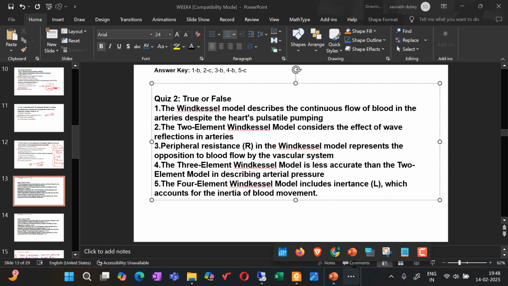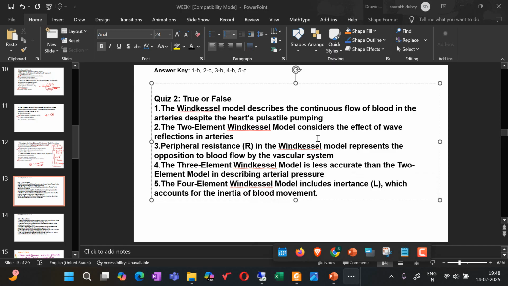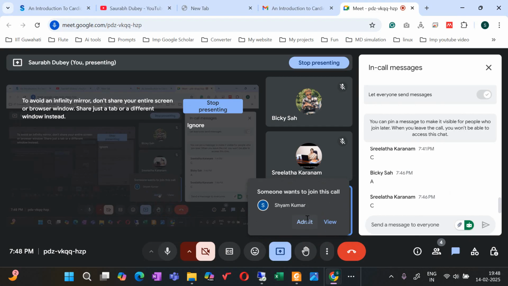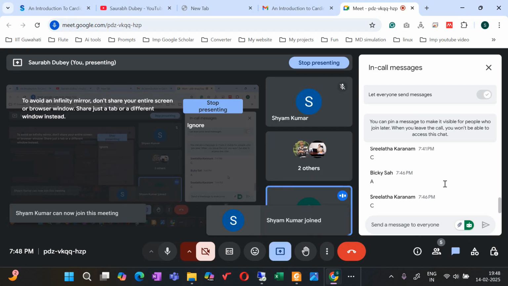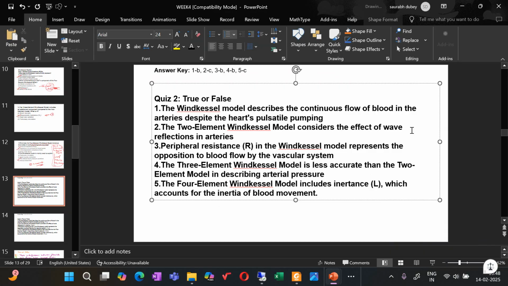Whether the pulsatility is considered by this Windkessel model or not, and if it is not, which solution has considered it? In the pulsatile flow lecture, if you remember, there were two lectures, the last lecture of the third week and the first lecture of the fourth week.